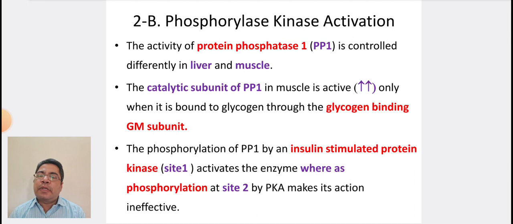The catalytic subunit of protein phosphatase 1 in muscle is active only when it is bound to glycogen through the glycogen binding subunit. The phosphorylation of PP1, that is protein phosphatase 1, by an insulin stimulated protein kinase activates the enzyme, whereas the phosphorylation at site 2 by protein kinase A makes it inactive.